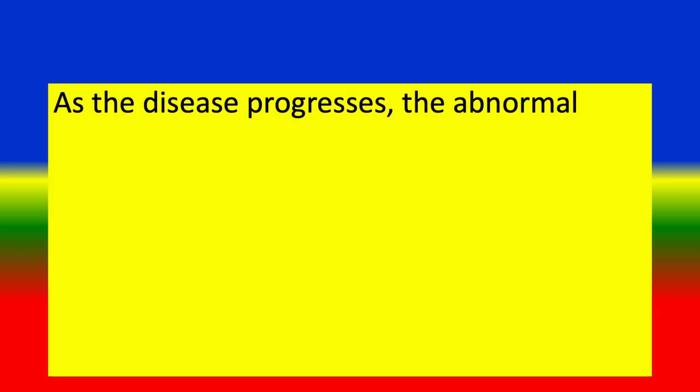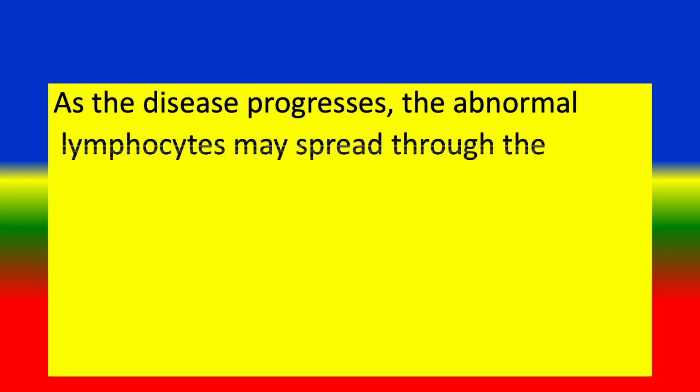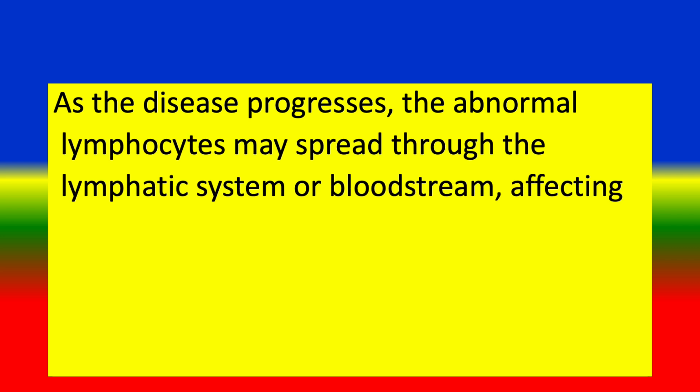As the disease progresses, the abnormal lymphocytes may spread through the lymphatic system or bloodstream, affecting other organs.